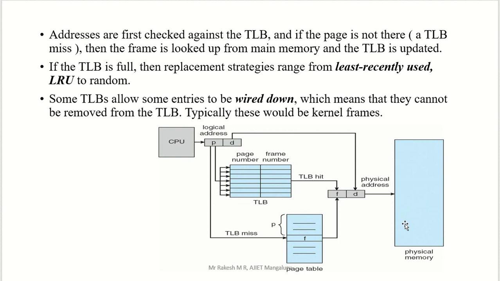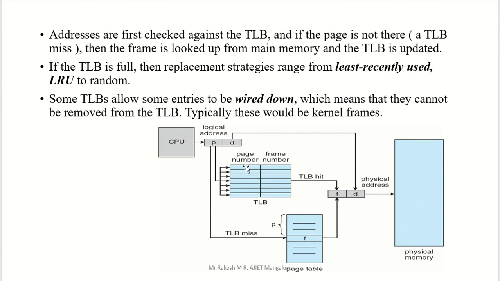Now, whichever page table you need, we have to access that page table from memory. In order to reduce the access time, we are going to create one small register, a buffer. That is a small space. That space contains recently used page numbers and frame numbers.